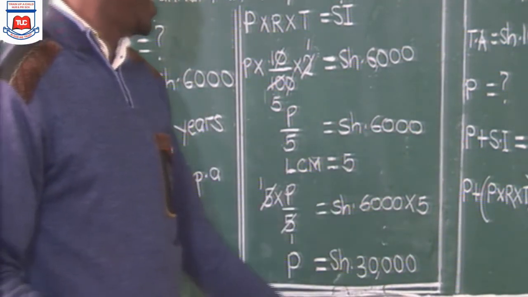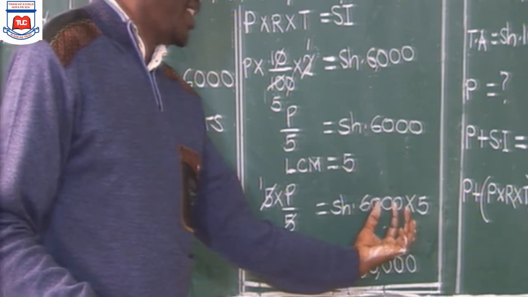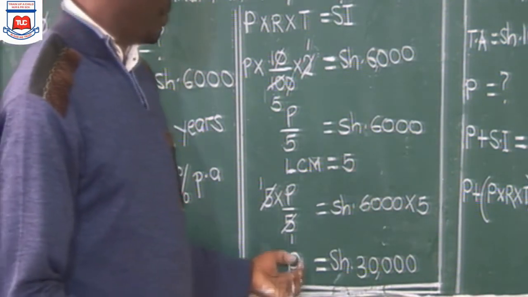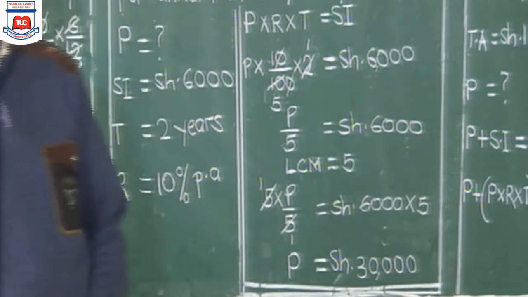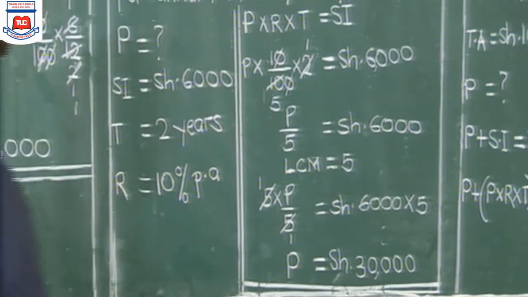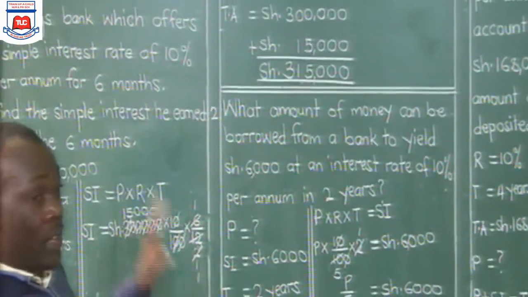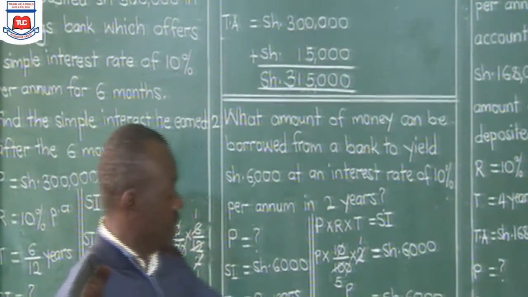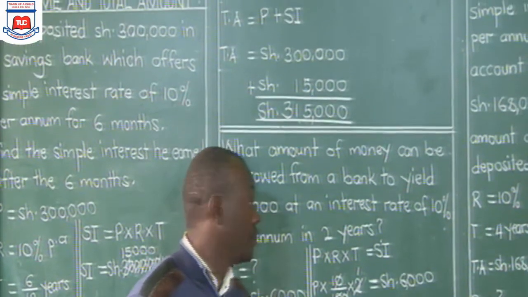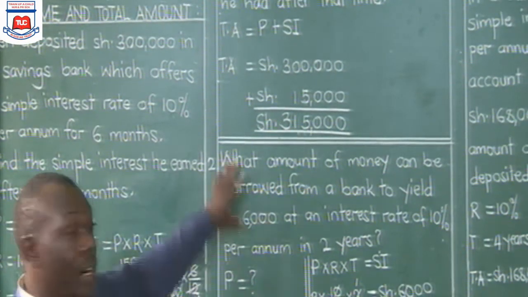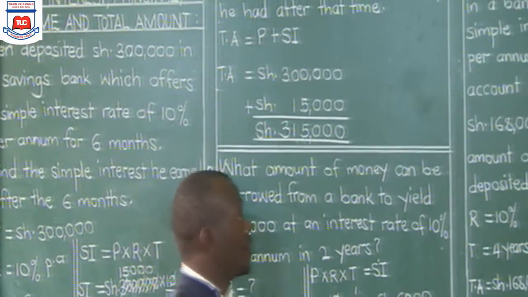Then being 30, don't forget the 3 zeros added to the 30 product, thereby getting principal as 30,000 shillings. Actually, this man or lady, whatever the case may be, borrowed 30,000 shillings from this savings bank. That's how we get number 2.